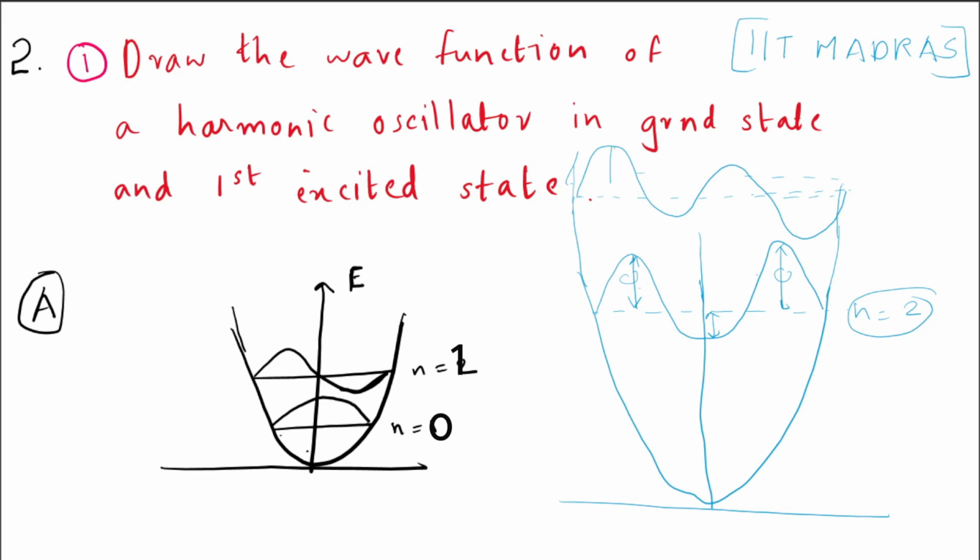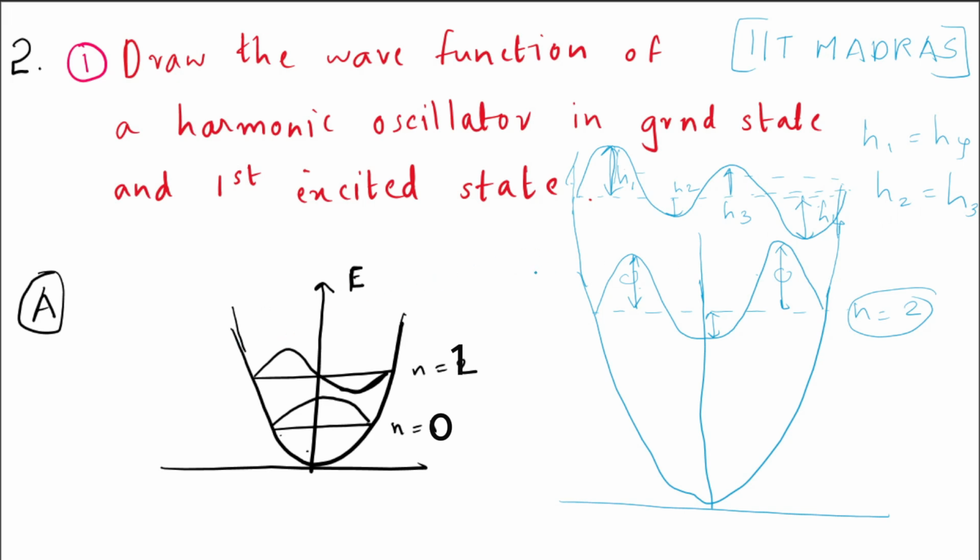Here also, this height and this height should be equal, and should be greater than this side and this side. The thing is, I'm marking these as H1, H2, H3, H4. Then H1 is equal to H4, H2 is equal to H3. Just keep it in mind.